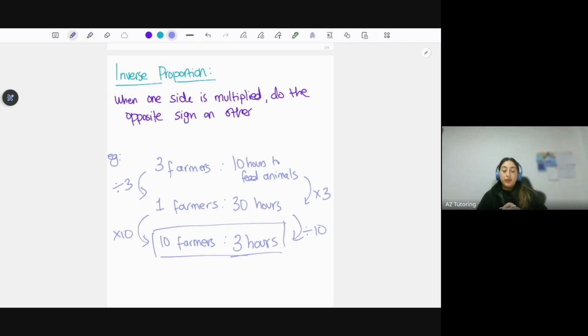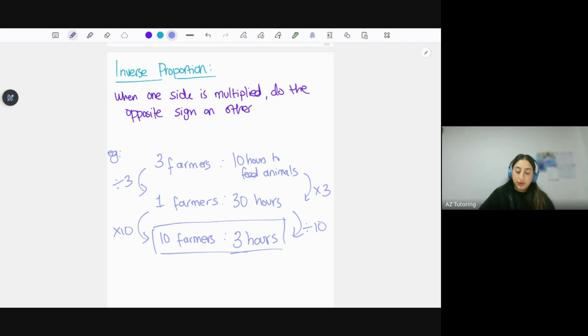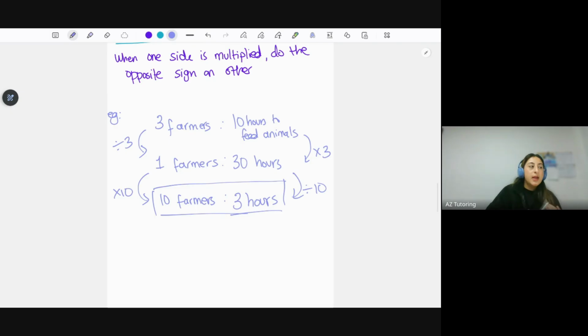That's what inverse is. When you times on one side, you divide on the other side. If you divide on one side, you times on the other side. The question is going to be sort of a logic question where you have to think what would make sense in this scenario. But most likely they will give you a direct proportion question. They're the more Best Buy questions and proportion the ingredients ones.